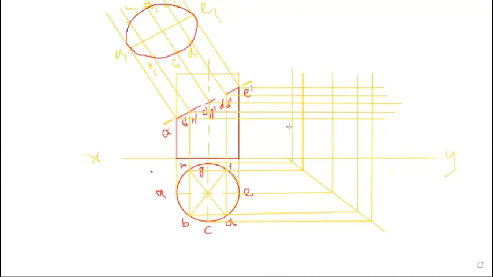Basically, if you see, this is very small here, but in actual size it must come as a circle. There will be a circle because this is a 45-degree cutting plane. So from the side view, it will come as a circle.